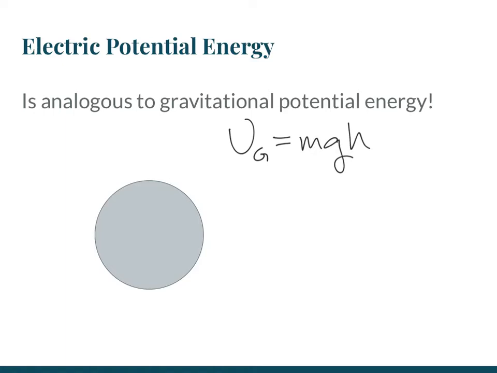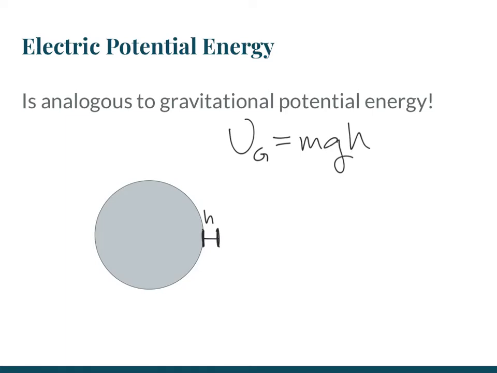Basically, all gravitational potential energy says is that if you raise an object, it gains potential energy, because if it fell from there, it would get more kinetic energy than if it fell from somewhere lower. So if we look at that in conjunction with this sphere, which we're going to assume is the Earth, if you take an object right here on the surface and move it up that h, it's going to gain a lot of potential energy.